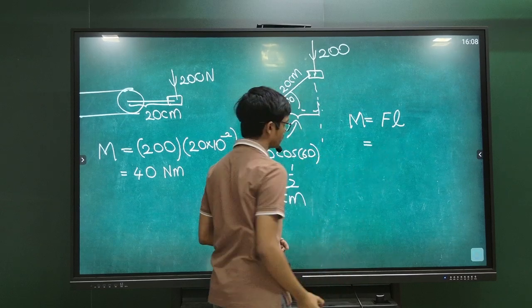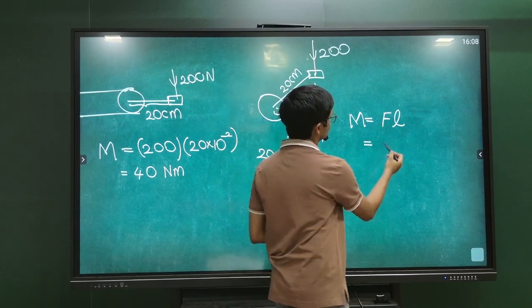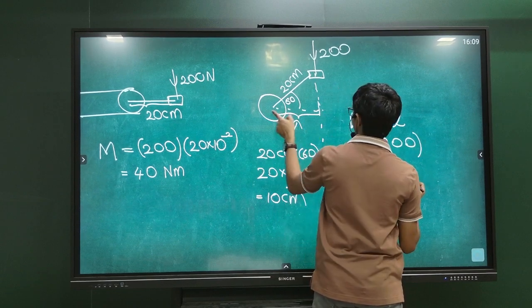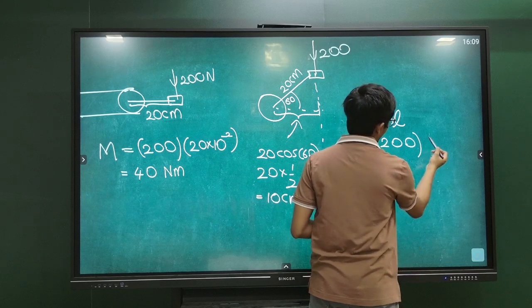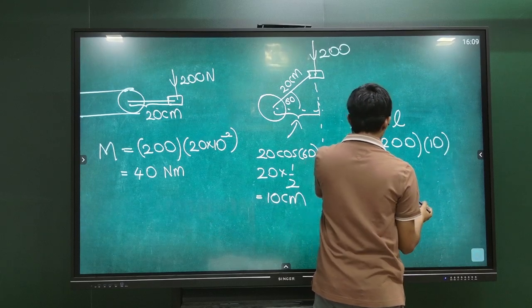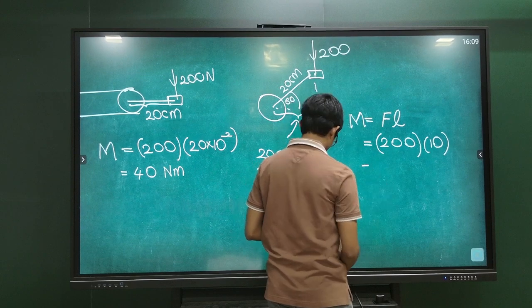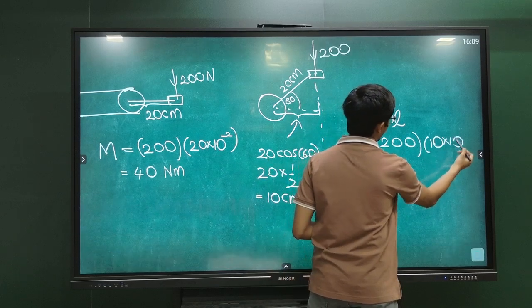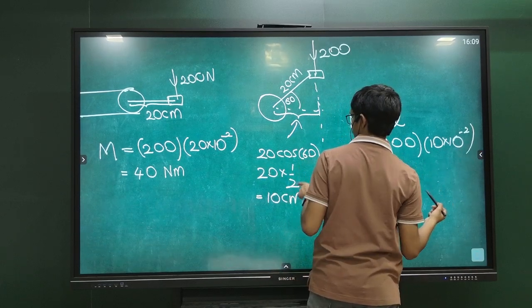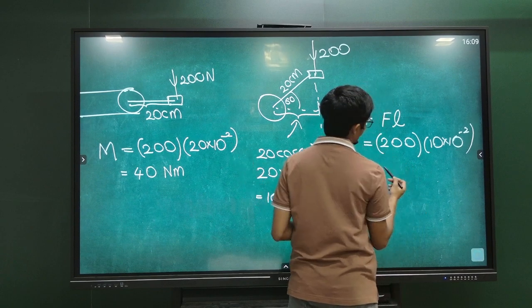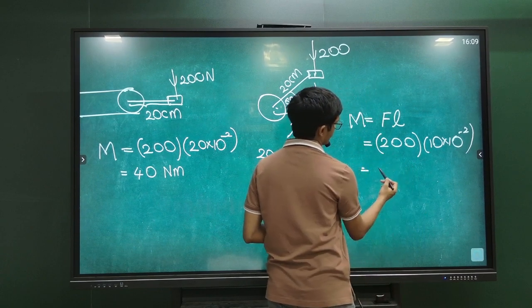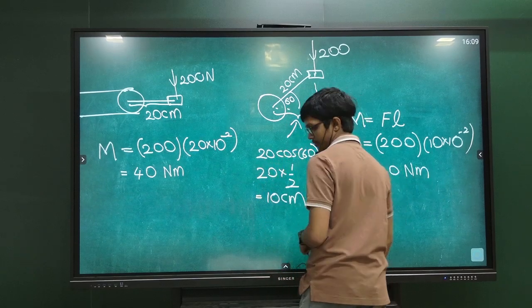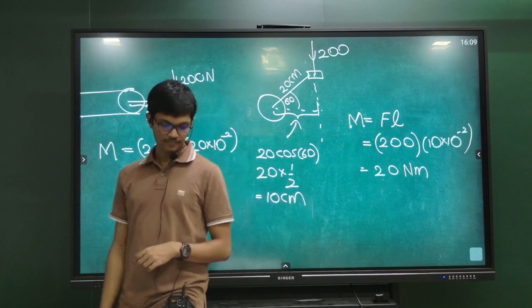Force is 200 newtons, perpendicular distance 10 centimeters. I can convert centimeters into meters, 10 to the power minus 2. So, I get 20 Newton meters.